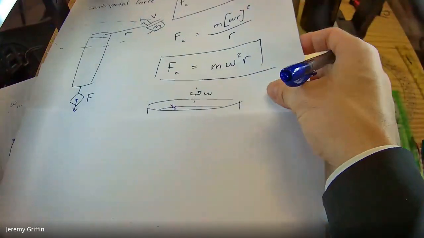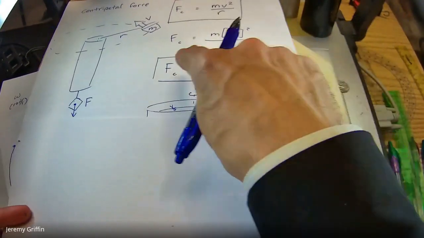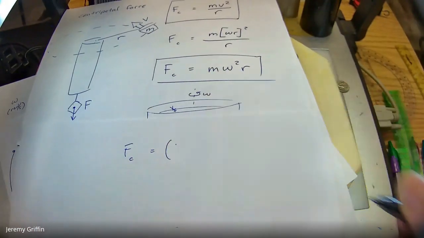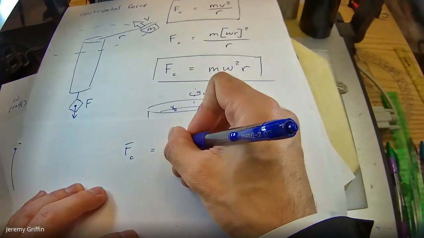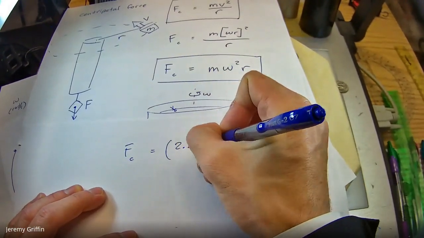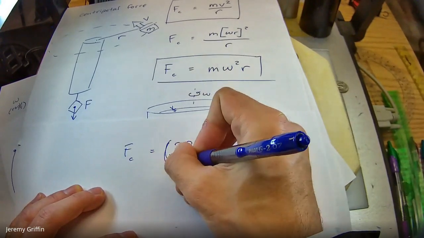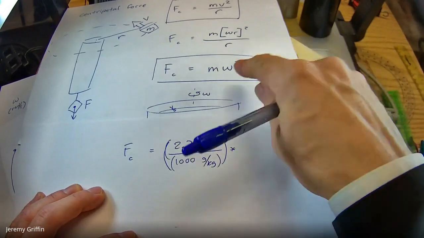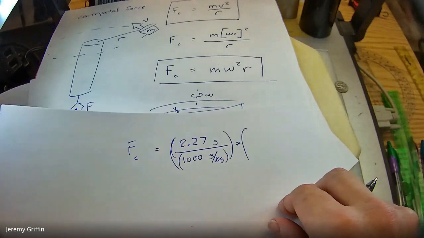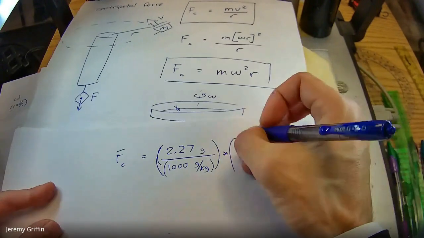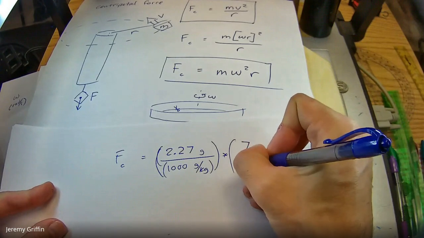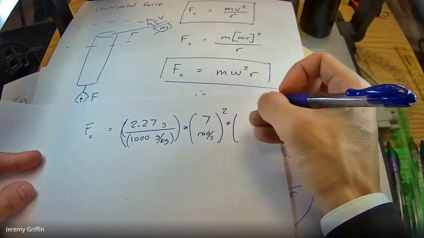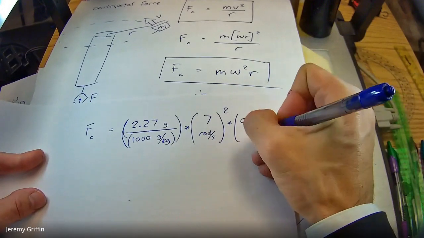I ran out of paper, didn't I? Next page, I guess. So the centripetal force would be 2.27 grams, divided by 1,000 grams per kilogram, because I want everything in base SI units, times omega squared. Omega was 7 radians per second, squared, all times the radial distance, which was 12 centimeters, that's 0.12 meters.